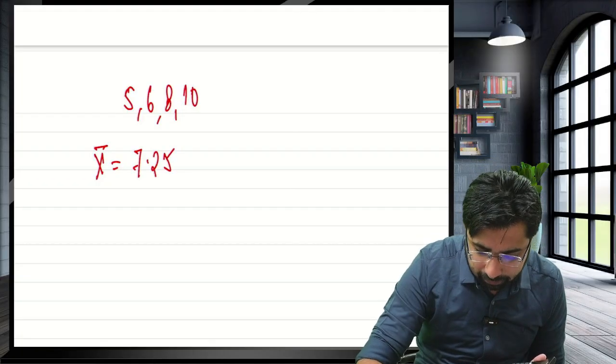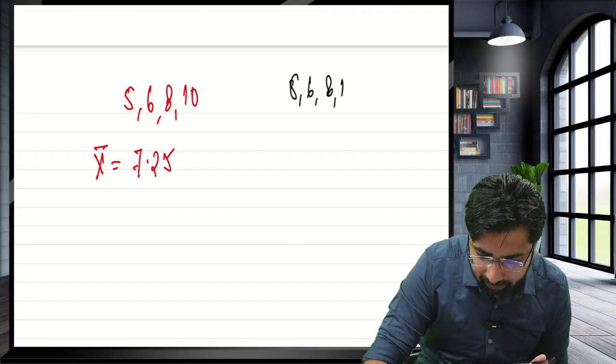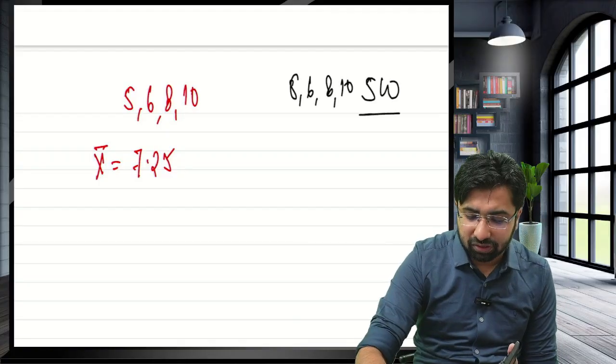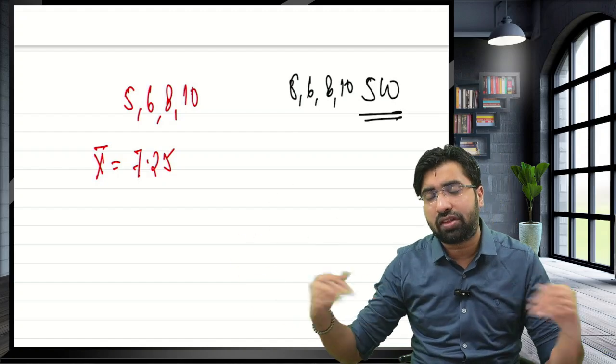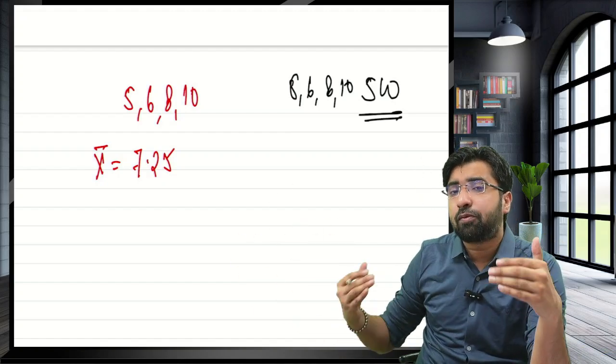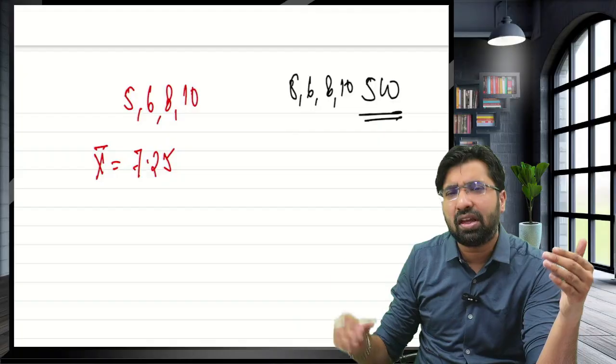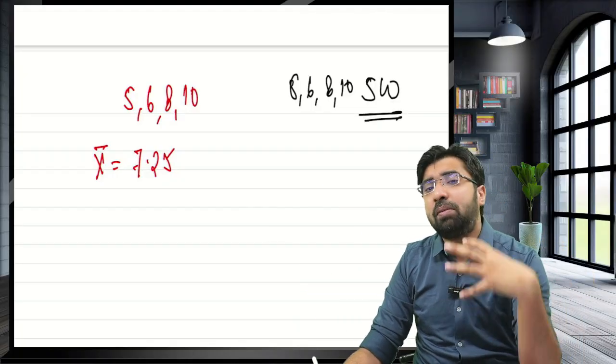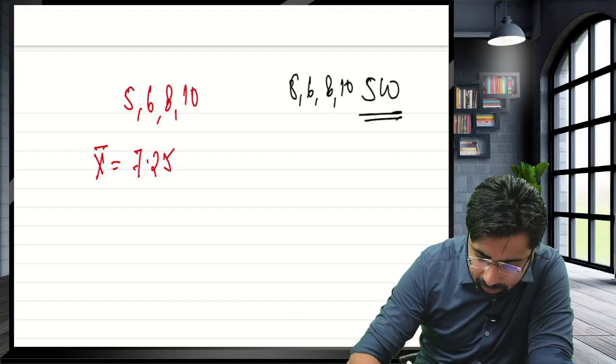Guys, now if I take 5, 6, 8, 10, the same observations, but I add one big observation, 500, this is extreme. Extreme does not mean end values, guys. If it says specifically extreme ends, I will say they are talking about the extreme observations. But it is saying extreme value. What if I add any big or small value, guys? If I add any big value, what will be my mean?